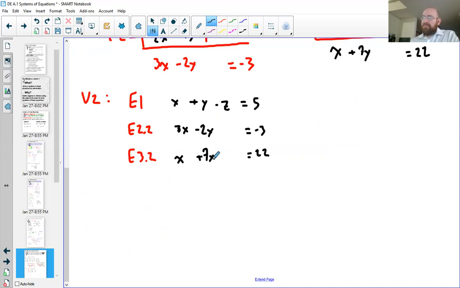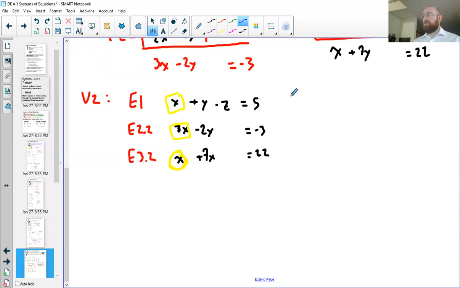Notice that I have an equation where the coefficient of x is 1. So that means I can use equation 3.2 to cancel out the 3x from equation 2.2 and the x from equation 1.